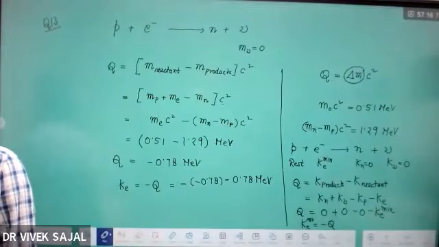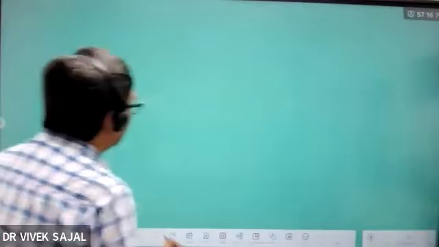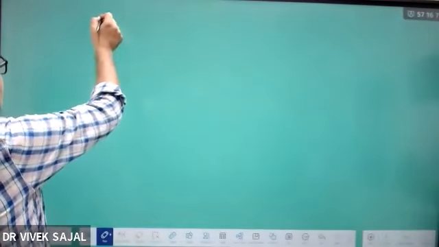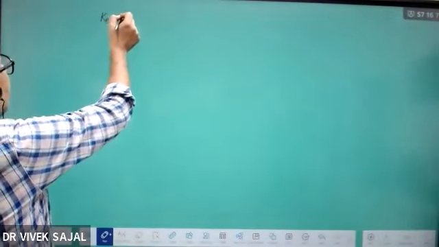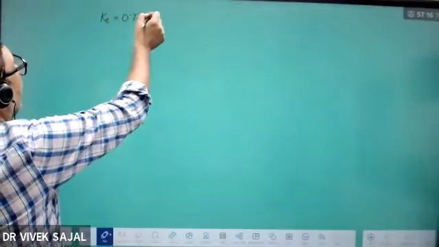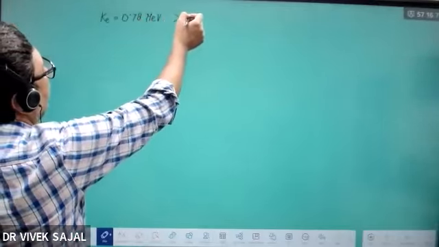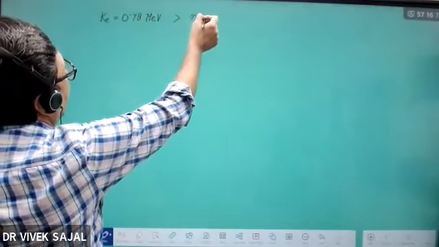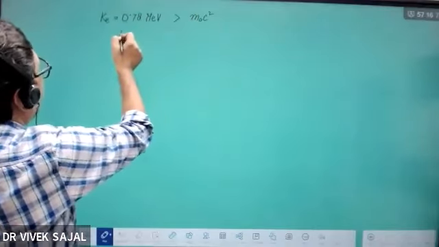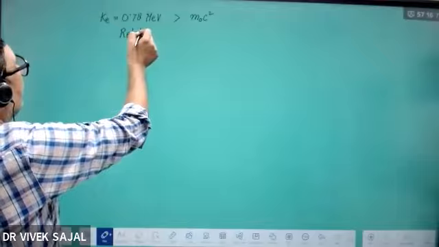Please do it quickly. So 0.78 MeV. They are providing us that K is 0.78 MeV. Try to understand, this is greater than the rest mass energy of the electron. So this is a relativistic case.